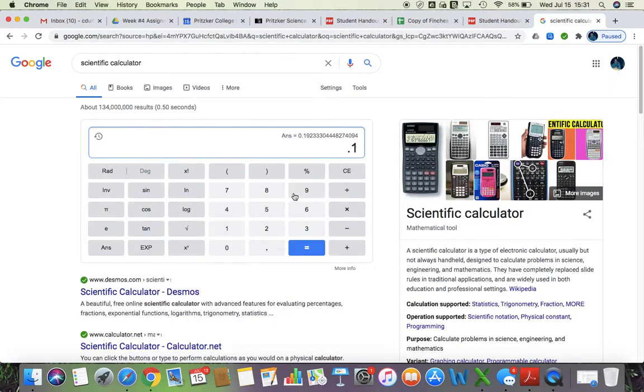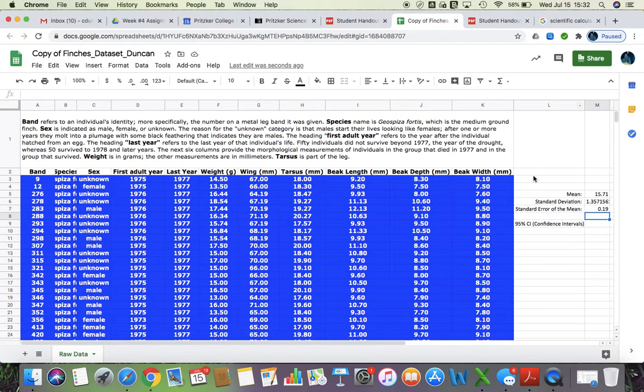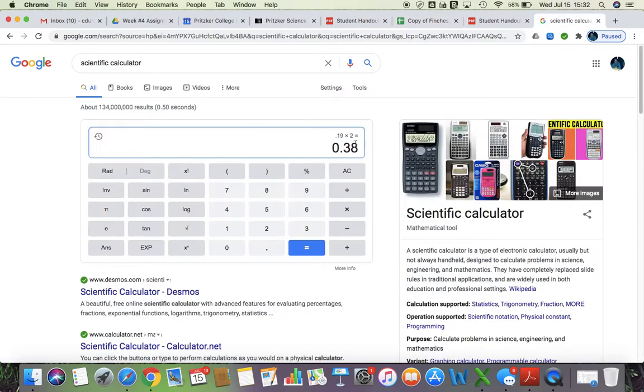So 0.19 times 2 equals, that gives me 0.38. So I'm going to put in 2 SE for 2 standard errors of the mean, which gives me 0.38. That's what I just calculated here, 0.38.